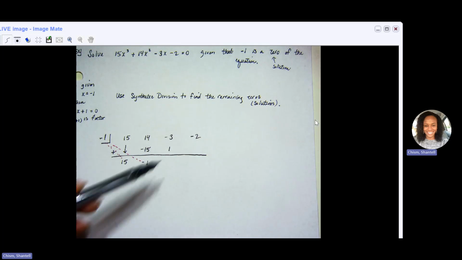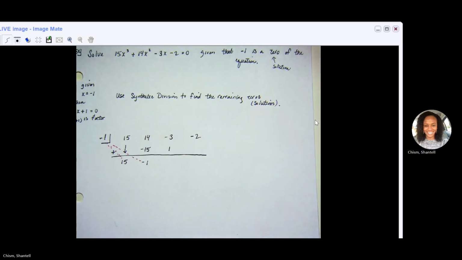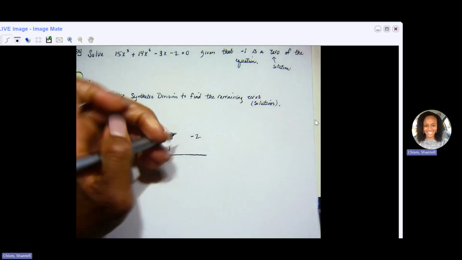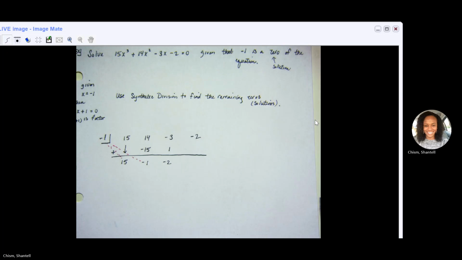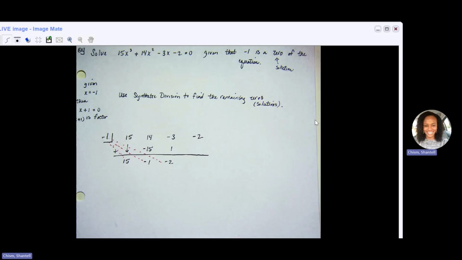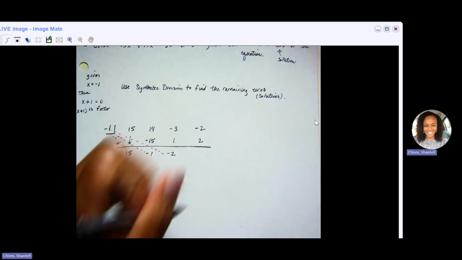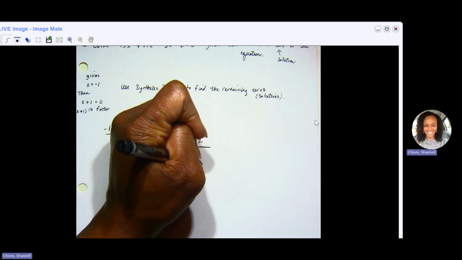That gave me a +1. Then -3 plus 1, that's a -2. Then -1 times -2, that gives me a +2. And I put that in the next column. -2 plus 2, there's my remainder 0.